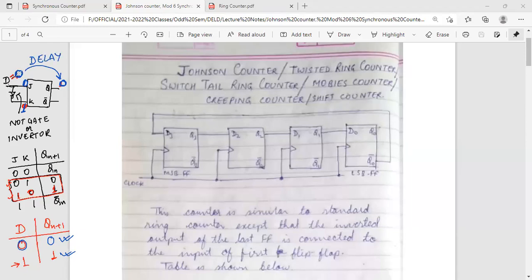We apply an input and get the same output after some time, and that time is known as the propagation delay time. After this propagation delay time we get the same output, so that is why this is known as a delay flip-flop.